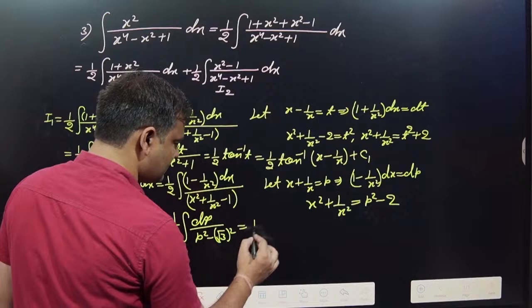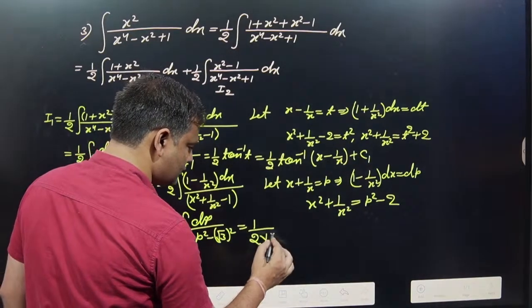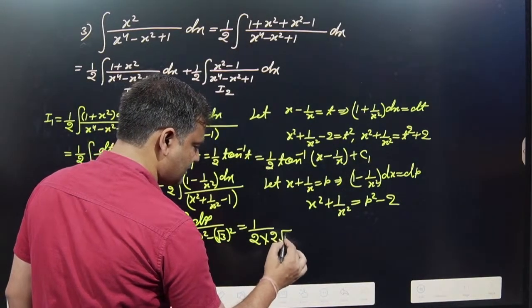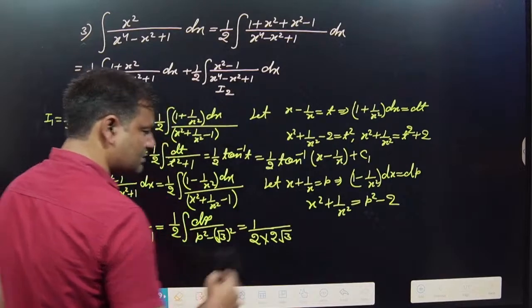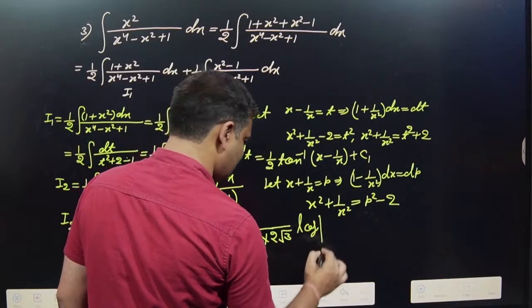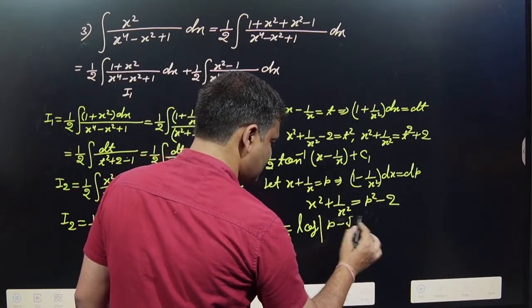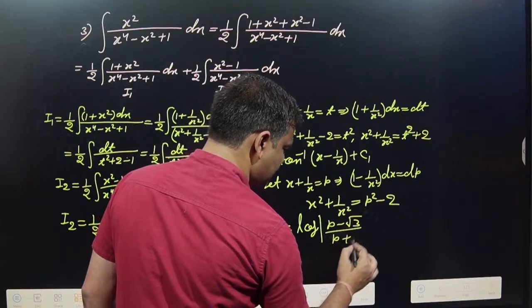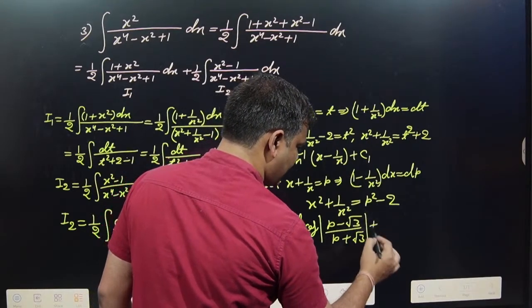After that, this is written as 1 upon 2a, where a is root 3, so 2 root 3 into log of p minus root 3 divided by p plus root 3 plus c2.